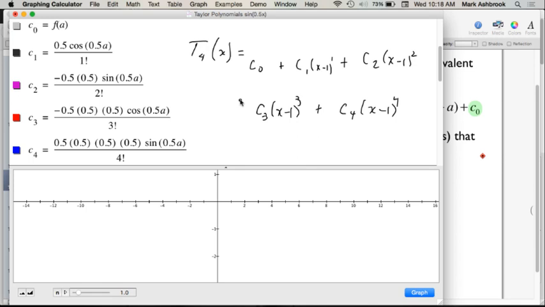It'll get the function value correct. Because we have C1, it'll get the first derivative correct, and then the second derivative, third derivative, and it'll get all the way up to the fourth derivative correct. But after that it won't be correct, because it's only approximating up to the fourth derivative of sine of 1/2 x.